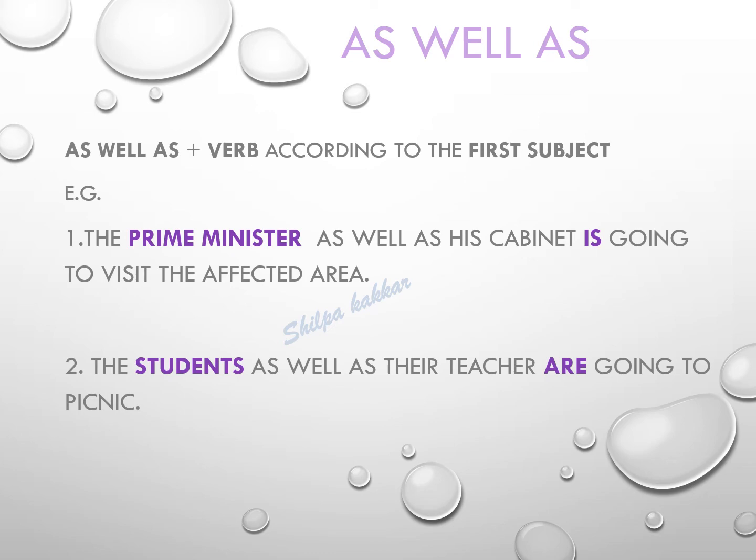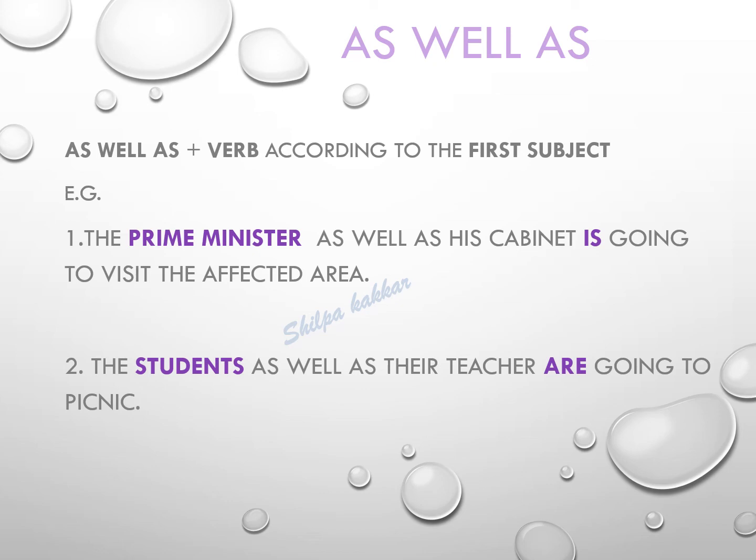The students as well as their teacher are going to a picnic. Usually we get confused. Students are written, teacher is written. So usually people make a mistake. The students as well as their teacher is going. Here we make a mistake if we write is. But what do we have to look for?